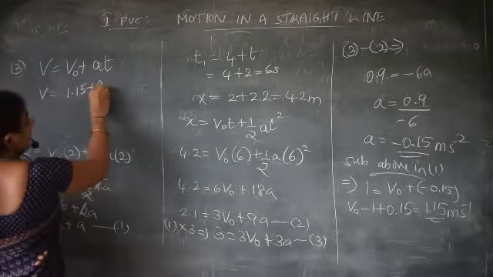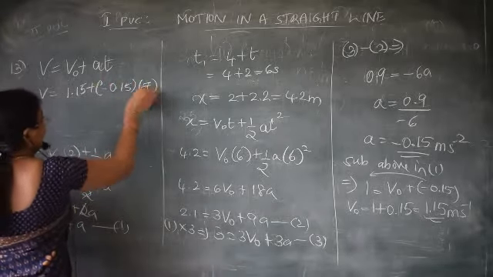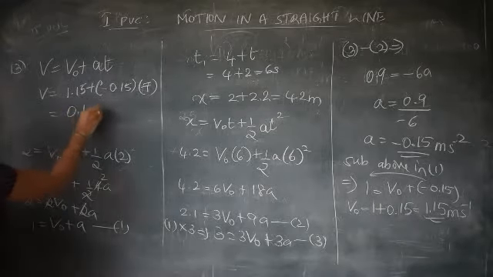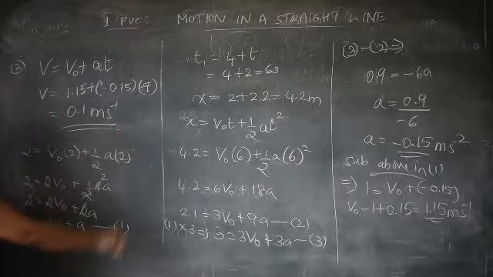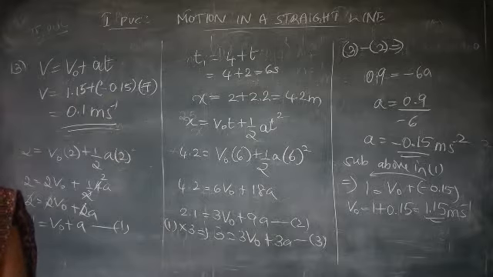Acceleration is minus 0.15. Time is 7 seconds. So, if you substitute and calculate, you will get the answer as 0.1 meter per second. This is the answer for the velocity at the 7th second. Understood? Yes, next.